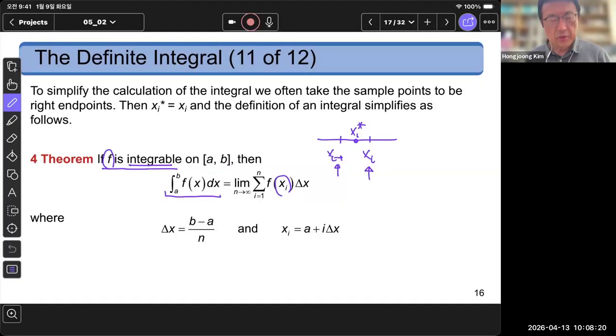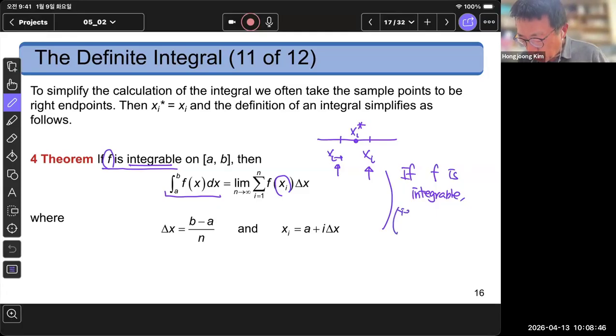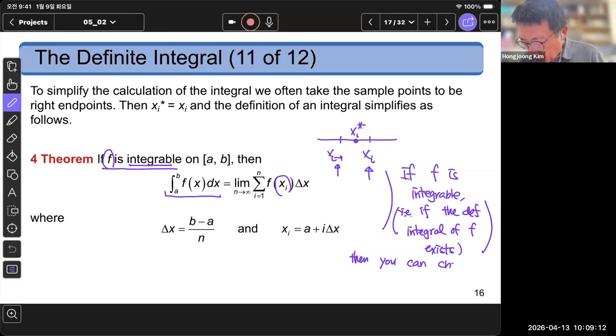So let me go back to this. As I said, the claim, theorem 4, says that if your f is integrable, meaning if I know that the definite integral of f exists, then you can choose xi minus 1 or xi as xi star.